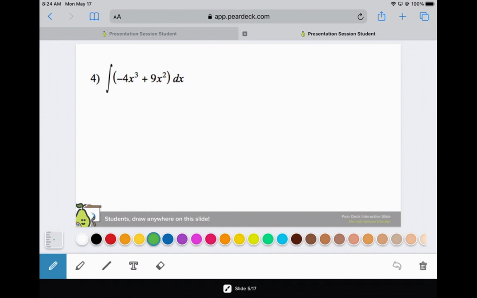So if I got this one, step number 1, what do I do? Can someone tell me? I'm doing antiderivative. What is step number 1?